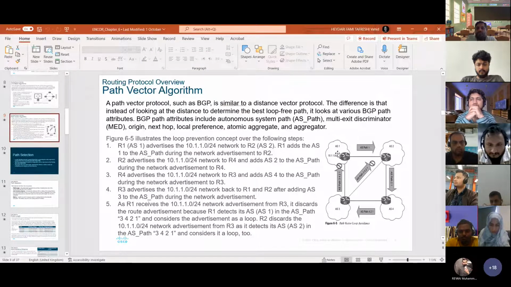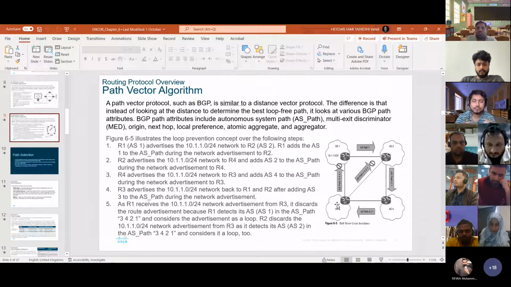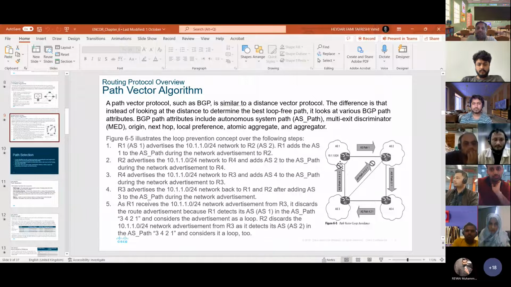If we don't want Sky and 3 to send traffic between each other for this network, we need to play with these metrics, with these attributes, in a way that traffic goes this way for that subnet, not this way. Because they don't have a contract between each other, they don't have customer agreements to send and receive traffic.